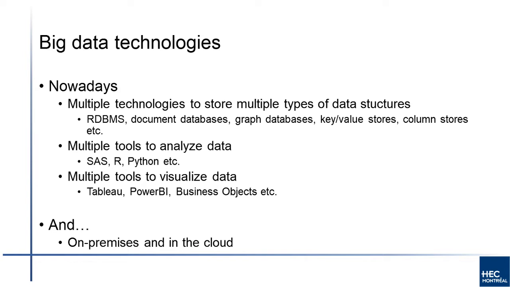We also have multiple tools to analyze data. So SAS is still very much in use, but a lot of organizations are moving towards using R because it is open source, free, and very well supported by the open source community and used by statisticians in academia who often now work in organizations as well.